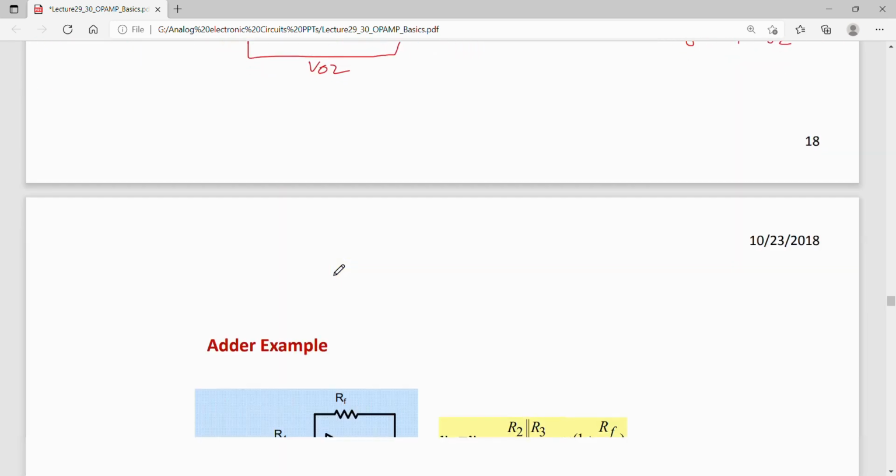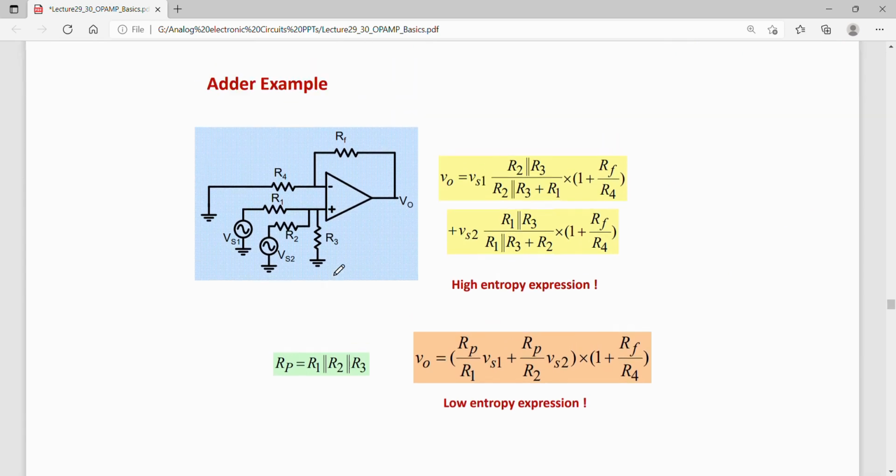So this can be simplified if I assume that my parallel combination of R1, R2 and R3 is Rp. Then this equation can be simplified to this relation. Okay. So the output is now simplified to Rp by R1 Vs1, Rp by R2 Vs2, multiplied by 1 plus Rf by R4.